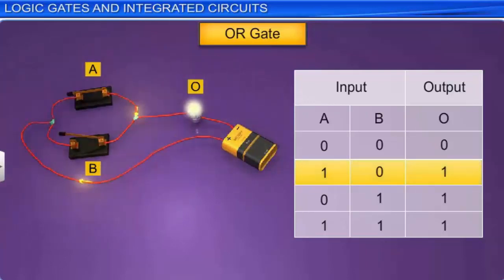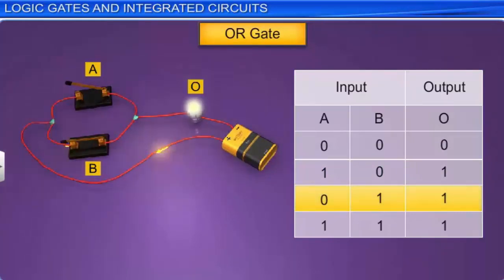When switch A is open and switch B is closed, input A is 0 while input B is 1. The bulb in this case again turns on. Hence, the output is again 1. When both switches A and B are closed, both the inputs A and B are 1.